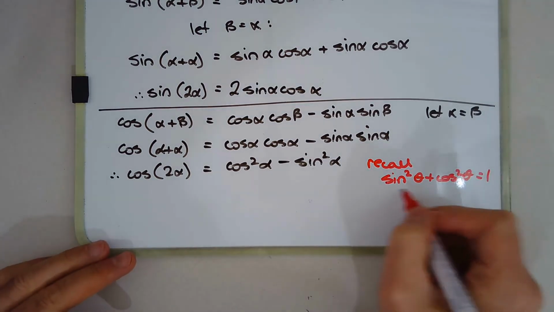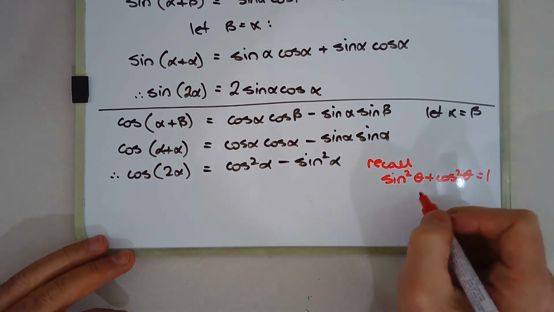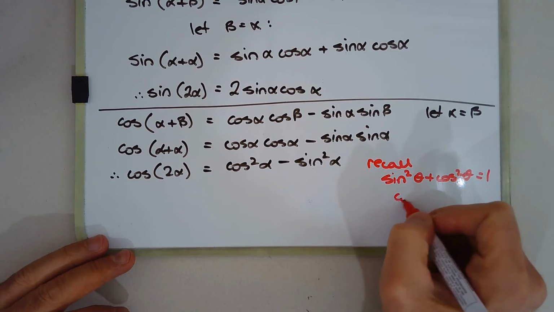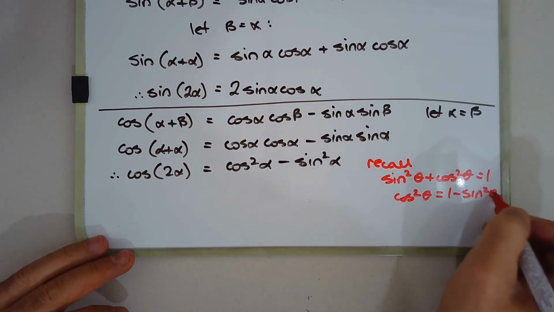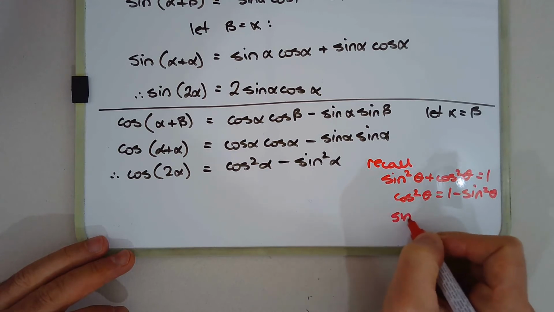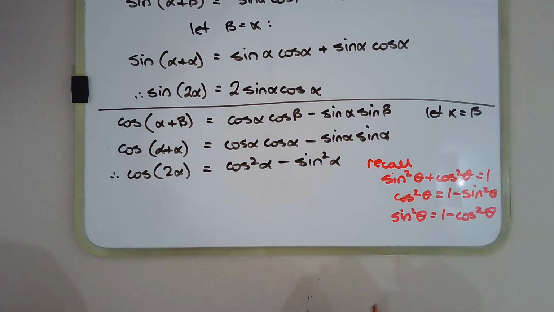That means that we could either make sine squared theta or cos squared theta the subject of the formula. In other words, cos squared theta is equal to 1 minus sine squared theta, or sine squared theta is equal to 1 minus cos squared theta, by just rearranging this fundamental Pythagorean identity.